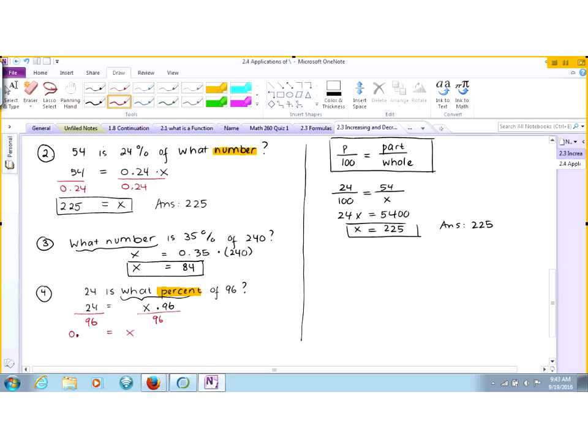So X is equal to 0.25, which is 25%. Finish. Should we do it using the other method, or are you okay? Okay. So P over 100 is equal to part over whole.